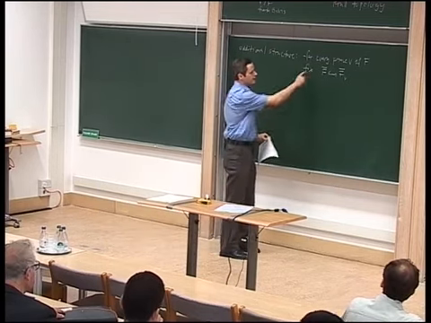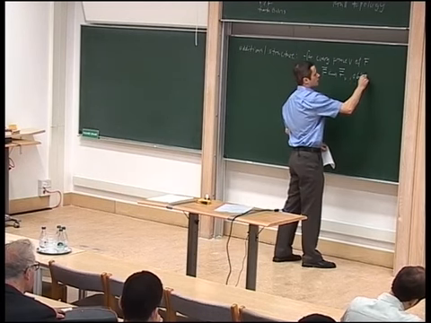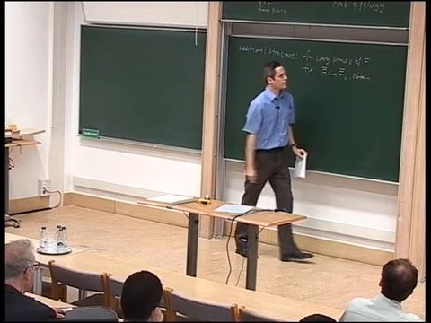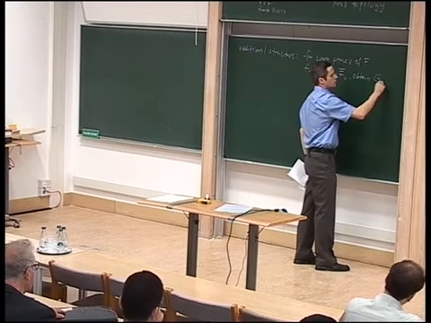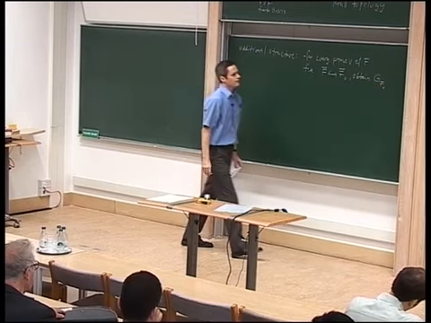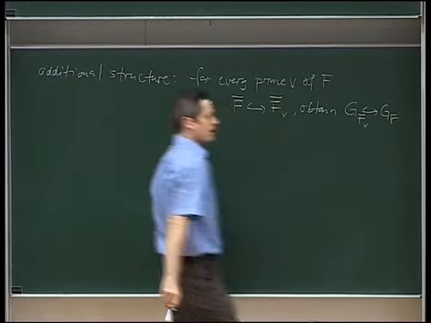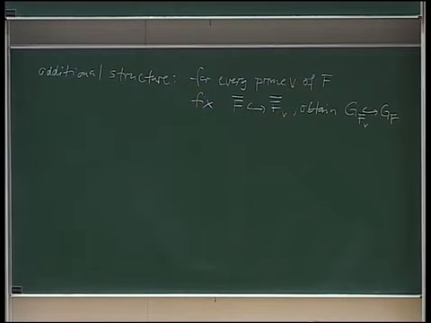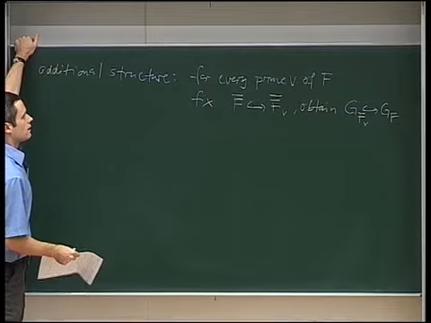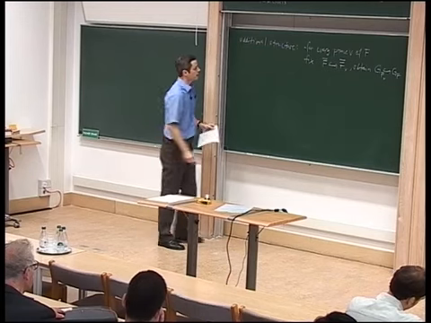And fixing such an embedding induces a closed embedding of the absolute Galois group of the localization of F at v into G sub F. And this is the decomposition group at v, at the prime v.